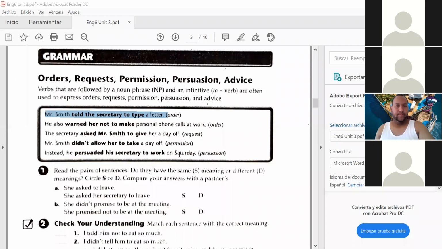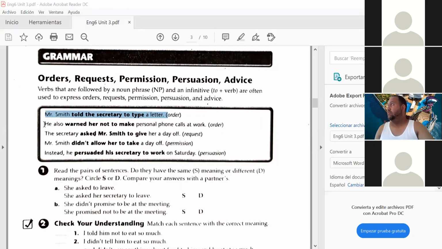But it's not necessary that you have a name, because remember that nouns, which are names, can also be substituted by pronouns, right?